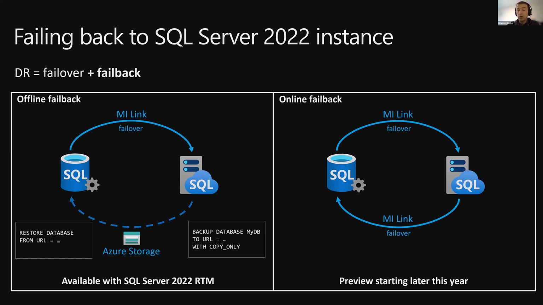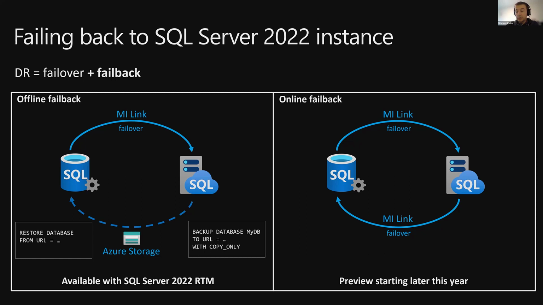Just to remind you, Always On availability groups today or on any previous release of SQL Server couldn't replicate the data from the newer version to the older version. Here, we are making sure that there is database engine parity between managed instance and SQL Server 2022, so that at any moment you can replicate your data using distributed availability groups or managed instance link in one direction and then in the other direction.